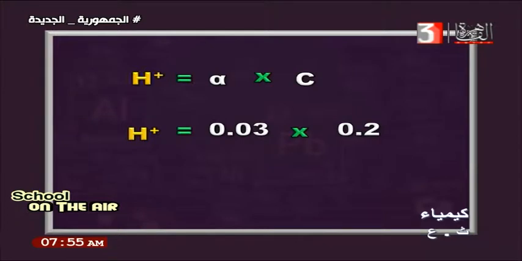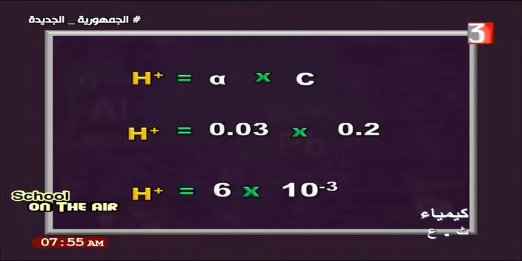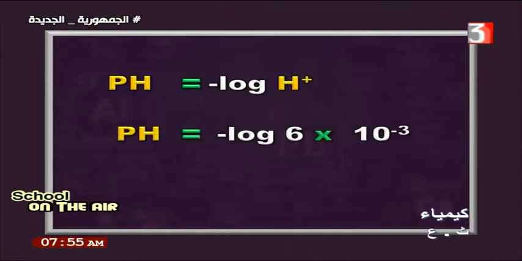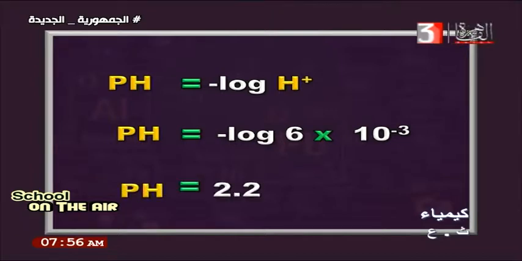Then the hydrogen ion concentration equals the alpha degree of ionization times C. So hydrogen ion equals 0.03 times 0.2. So hydrogen ion concentration equals 6 times 10 to the power negative 3. So pH equals negative log of hydrogen ion concentration. So by substituting the value of the hydrogen ion concentration we get pH as shown on the screen equals 2.2.